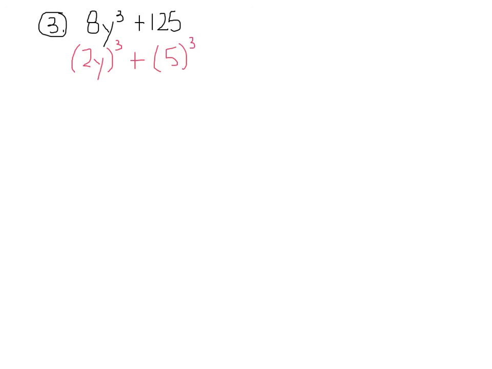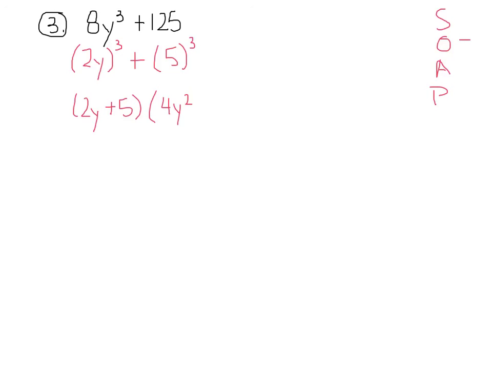Alright, so now we're going to write our answer. Just remember SOAP, S-O-A-P. S stands for same, so we're going to use the same sign in the first parentheses, so 2y plus 5. Okay, and then we're going to do 2y squared, which would be 4y squared.